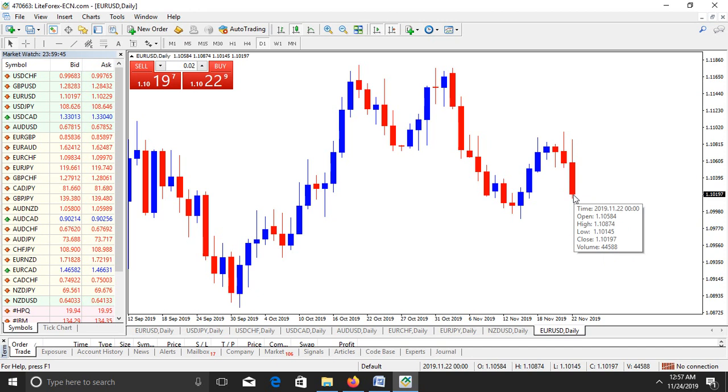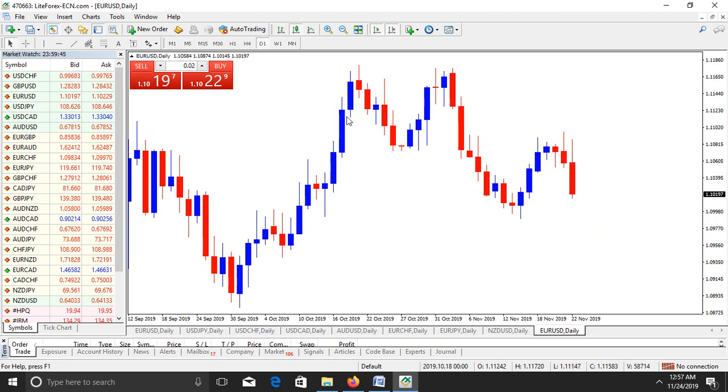The open is 1058, while the close is 1019. So the close is lower than the open, so we say it's a bearish candle. This line is what we call high. This line is what we call low. You can also call them wicks. So this is a bearish candle, which indicates sellers.